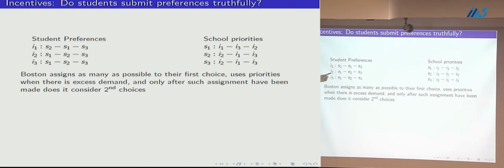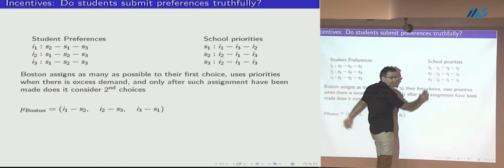And when 2 applies to school S2, it's already gone, and she's going to get S3. That is going to be the old Boston matching. What 2 could do is, by ranking S1 as her first choice, she's actually giving up her priority at school 2, where she's the highest ranked student.